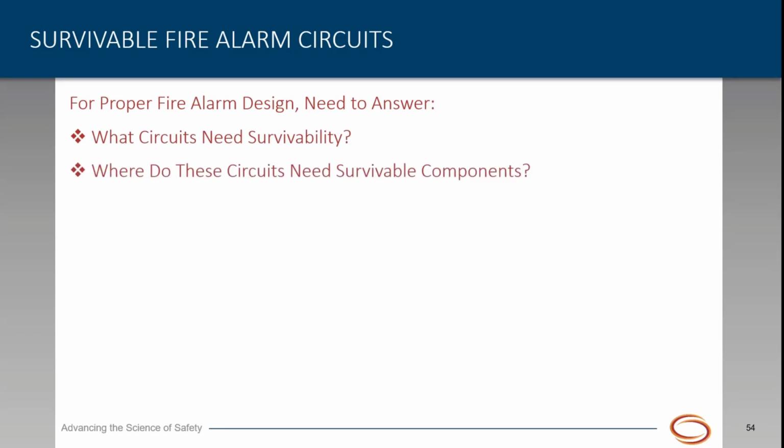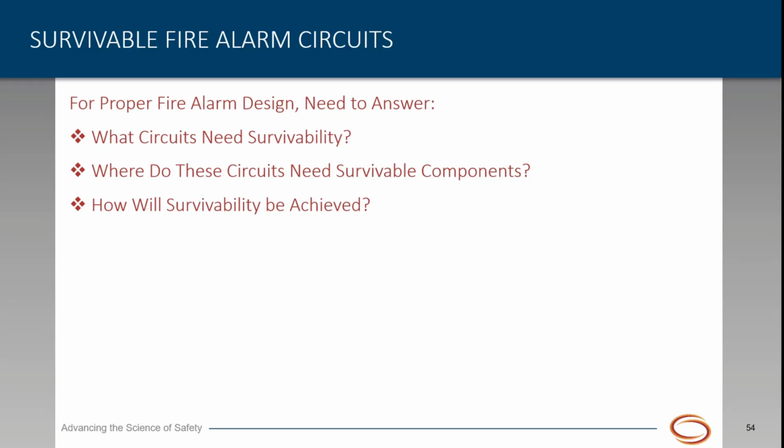Certainly not all circuits require survivability, but if you don't think this through, you could miss some, thinking only that, for instance, a notification appliance circuit is what applies. That would be a mistake. Where do these circuits need survivable components? Again, just because a circuit needs to be survivable does not mean it needs to be survivable everywhere or end to end. How will survivability be achieved?